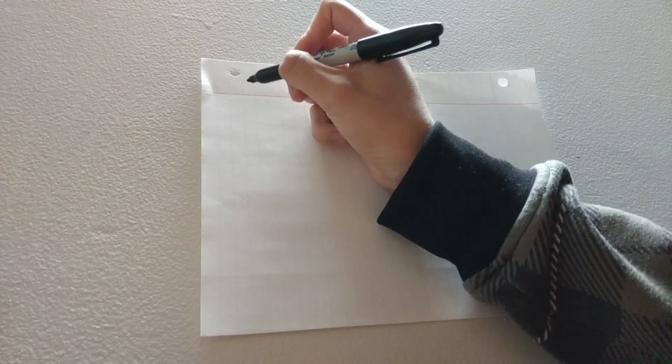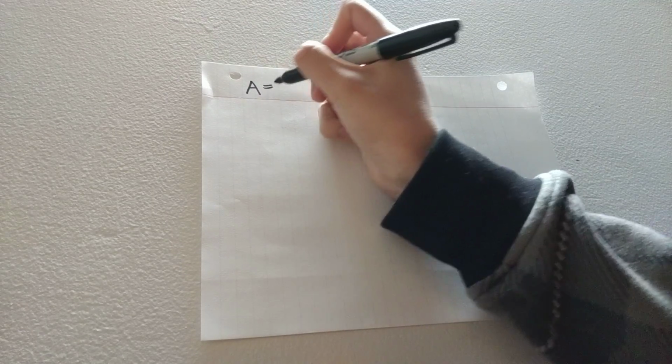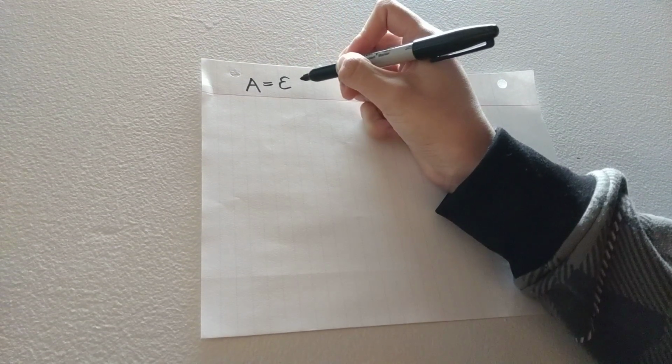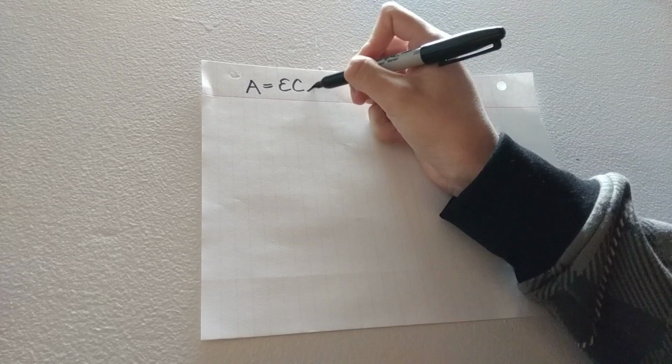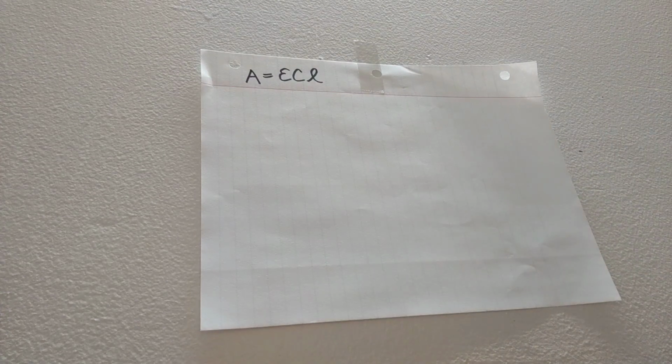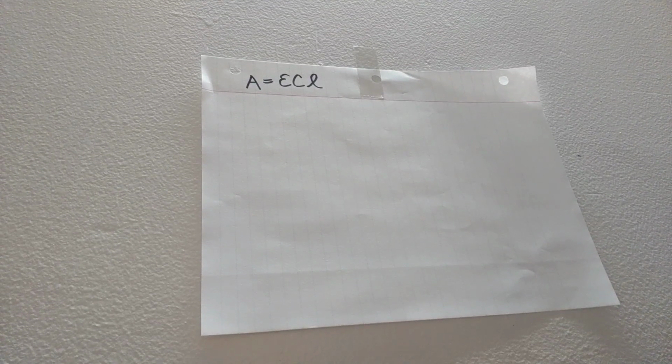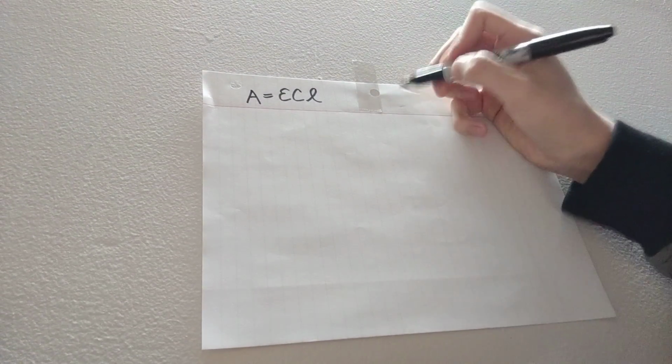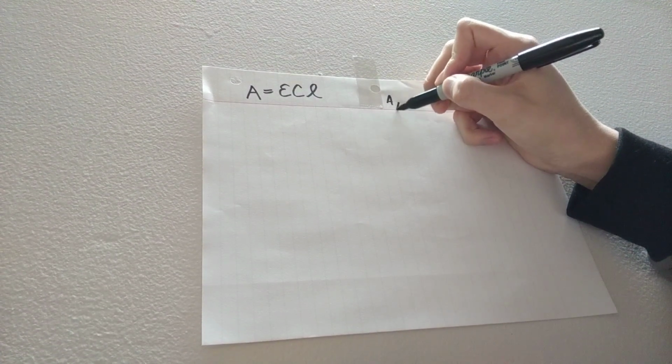So, to do that, we're going to use the Beer-Lambert law, which is absorption is equal to the extinction coefficient times the concentration times the length. Now, we're going to need to use a modified form of this since we have 3 compounds, and that's going to be this right here.